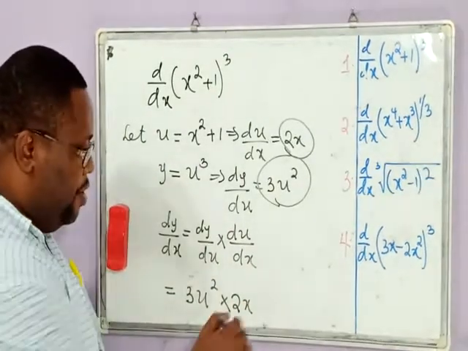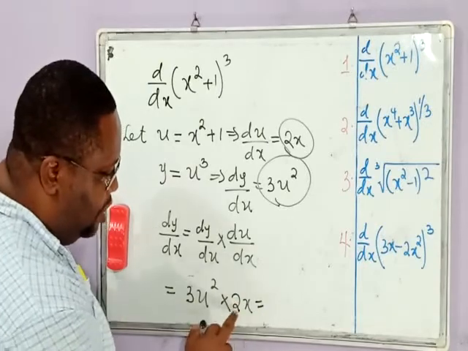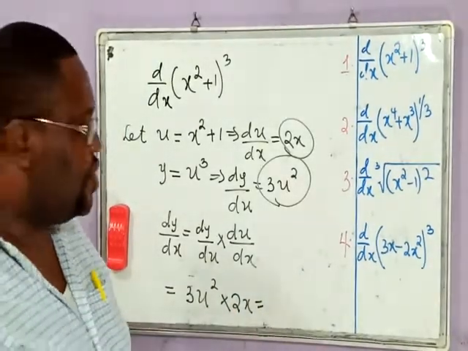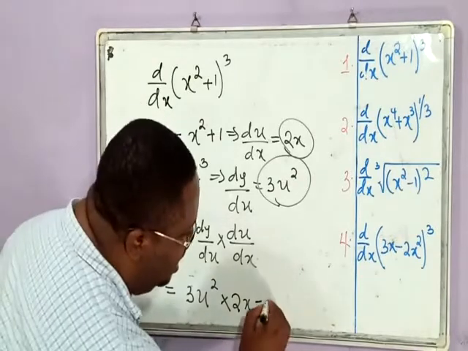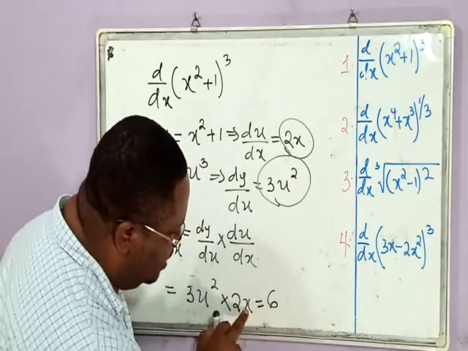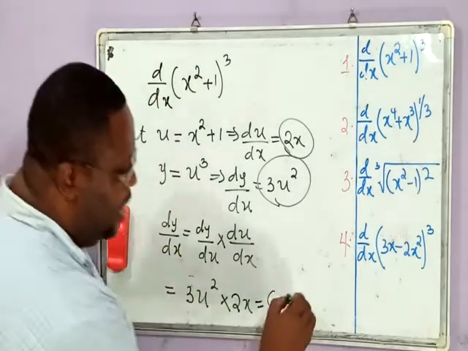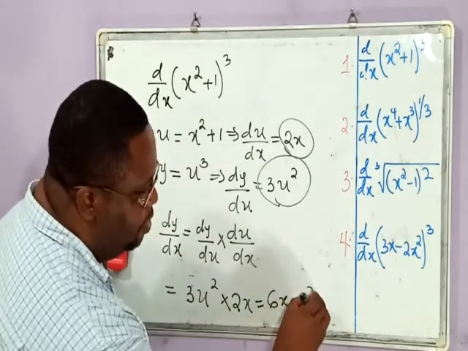Very good. Now you notice something. This becomes equal to 2 multiplied by 3 to give me 6. This is an x here, so I have 6x. Then I have u all squared.